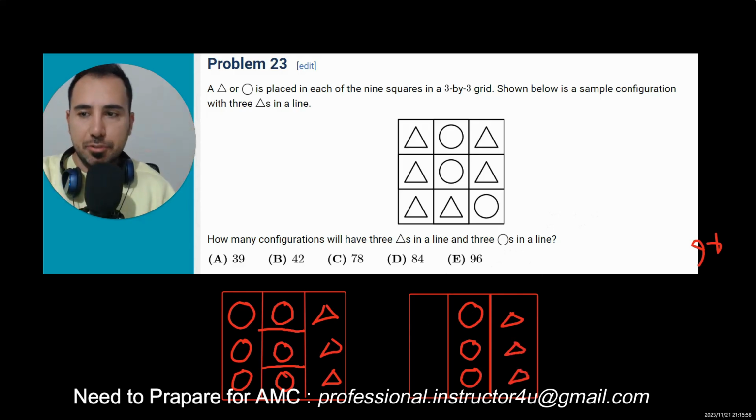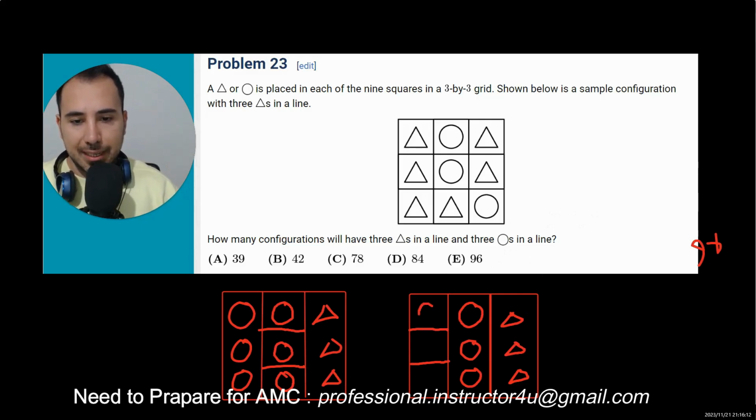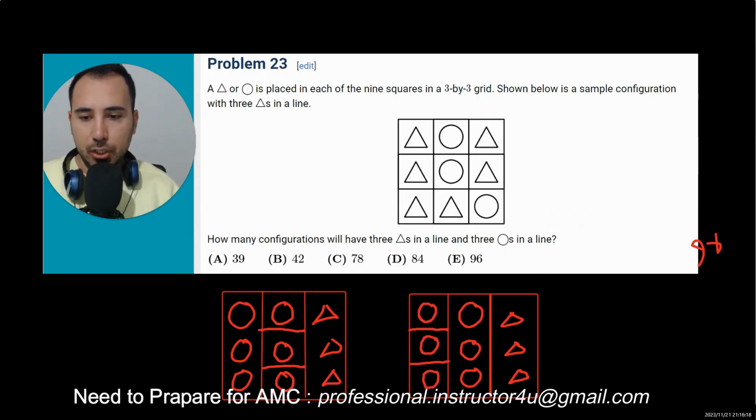These are the first 2. We selected 2 columns, one of them O, the other triangles. And remember, here we also have 8 choices: this one whatever, this one whatever, this one whatever. So it's again possible to go O and O and O. And look, the two shapes are the same.